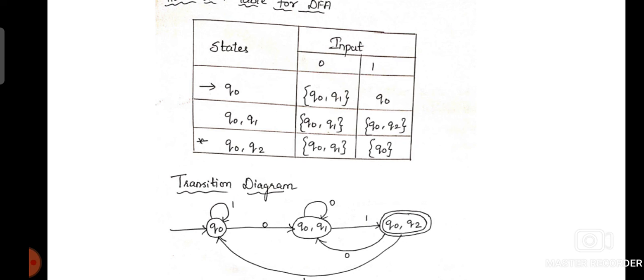And when we apply 1 to the combined state Q0 comma Q2, we get the state Q0. So from the state transition derivation, we can draw the table, and from the table we can draw the diagram. So this is the resultant DFA for the corresponding NFA. DFA means we have to draw the state transition diagram. That's enough.